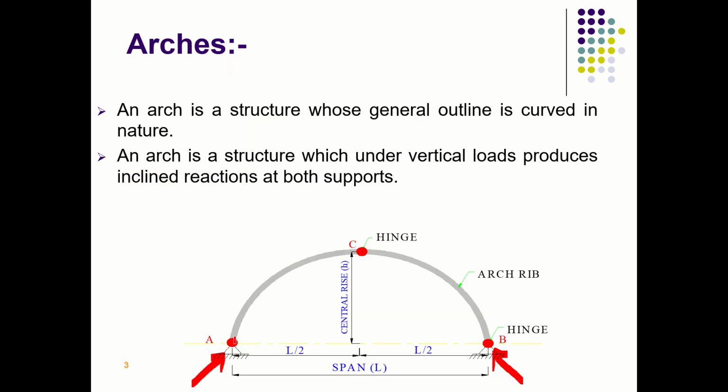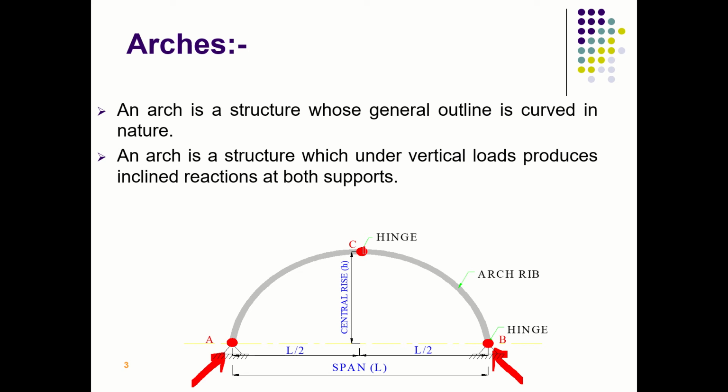For example, both the supports A and B are hinged, so there are four unknowns, right? Vertical reaction at A, horizontal at A, vertical at B, and horizontal at B. So there are four unknowns and three available equilibrium equations. So the structure is 1 degree indeterminate.